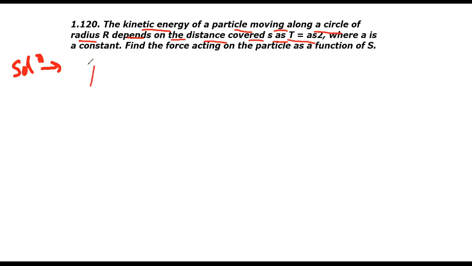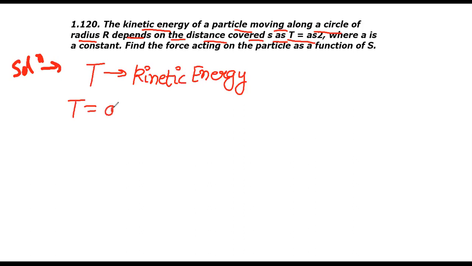So T signifies kinetic energy. As given, T is equal to constant a multiplied by distance s raised to power 2, or distance square.